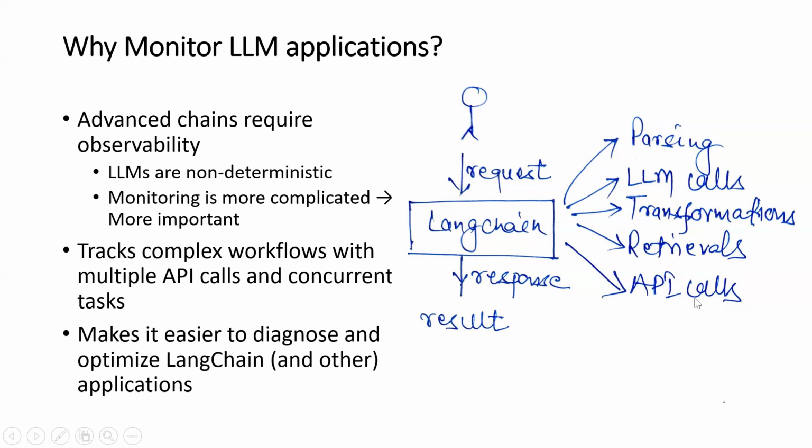We are doing API calls. So there are a lot of things going on inside our chains before we get the response. Otherwise, we will just send the request and receive the response. Now, with the help of LangSmith, I can deep dive into what is going on inside my chain. I can see the parsing, LLM calls, transformations, each and everything, to debug or track my application.